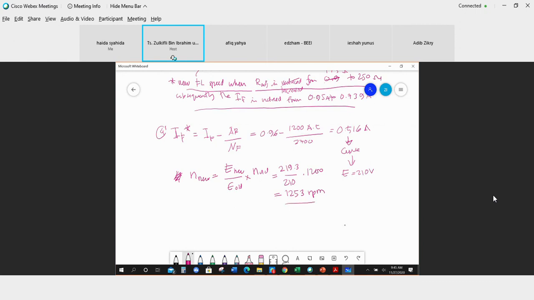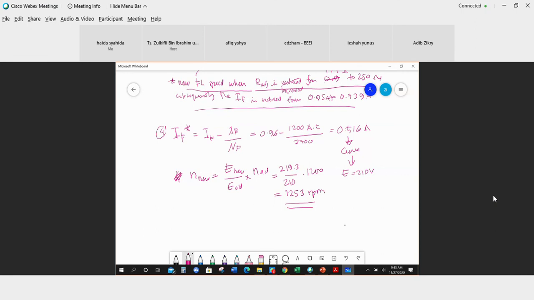So your full load speed will be 1253. So this means bila kita consider the armature reaction, the machine will rotate at higher speed.